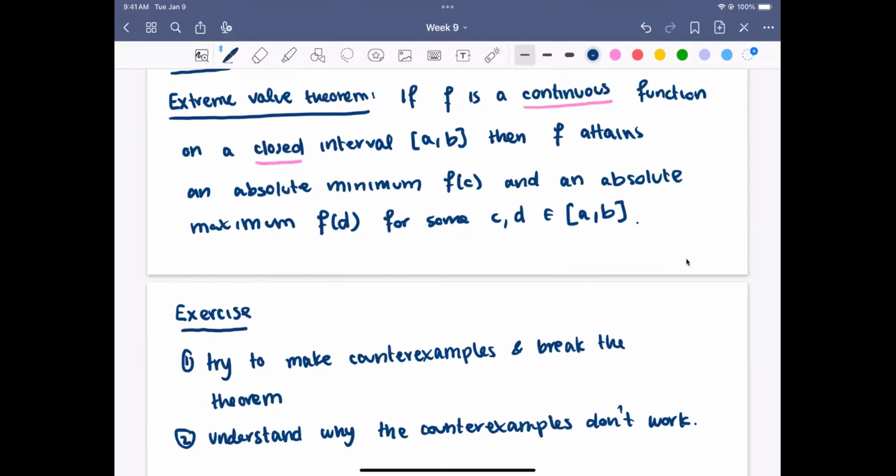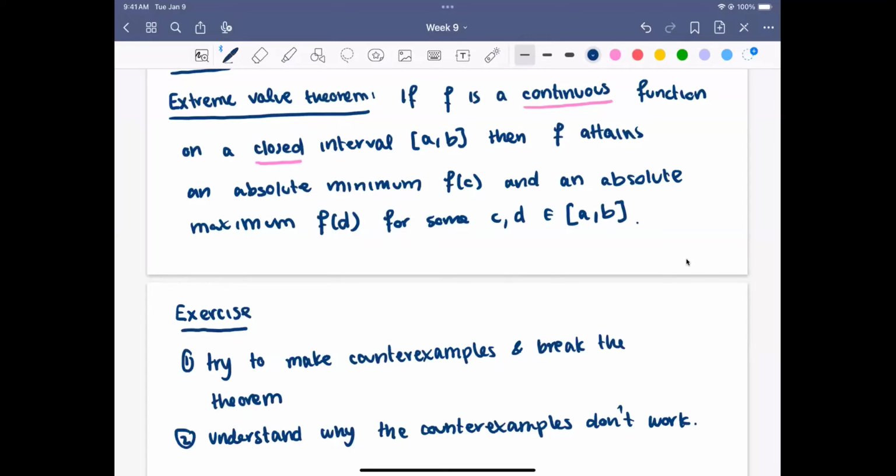Yeah, so you can have multiple absolute maxes, as long as they're all the same value. Like in your example, if you're looking at the function sine x across a large interval, you'll have multiple places where you hit the value 1, which is the absolute maximum of the function. And so that would just be true for multiple inputs.